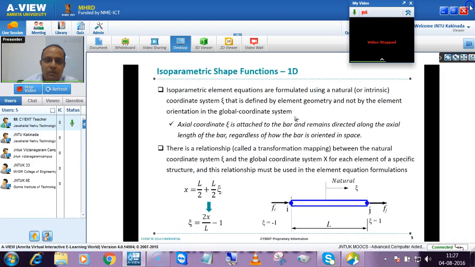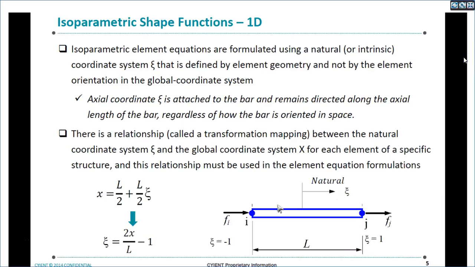It is not affected by element orientation in local coordinates. One of the important aspects is that the natural coordinate is attached to the bar and remains parallel to it, whatever the angle and however the bar is oriented in space.